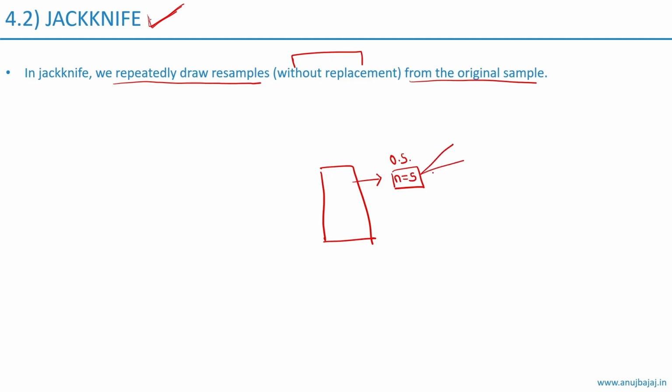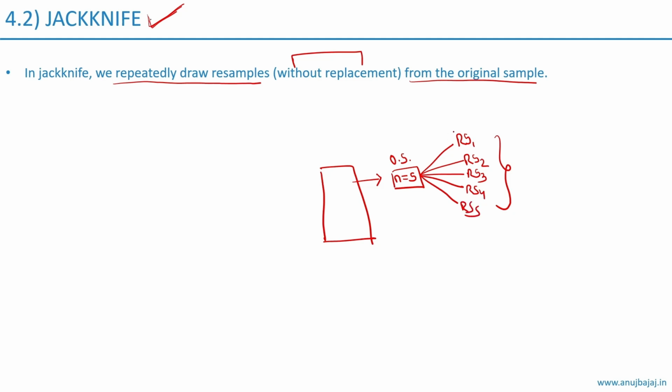So we will create resamples from this original sample. The number of resamples will depend on how many observations we have in the original sample. In this original sample we have 5 observations, so we will have 5 resamples: resample 1, resample 2, 3, 4 and 5.